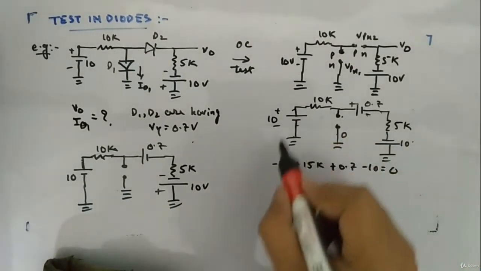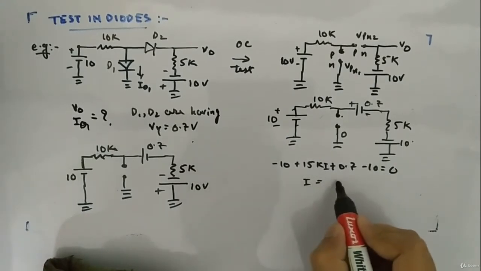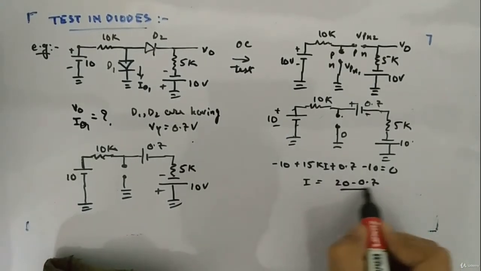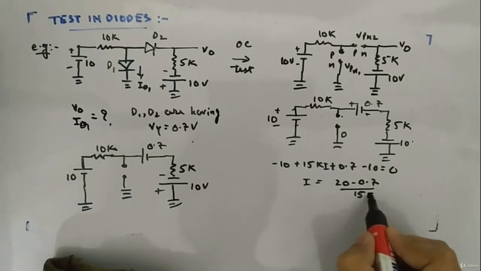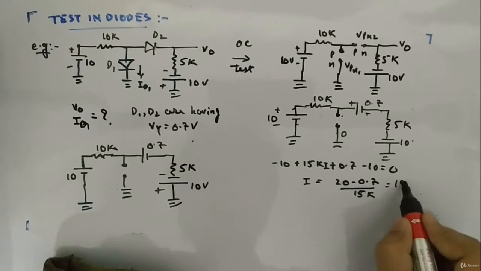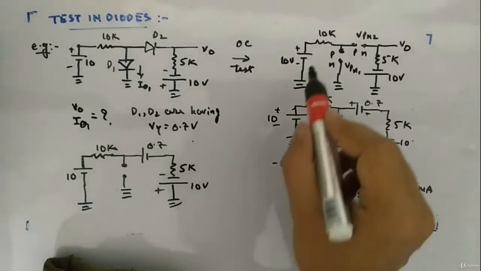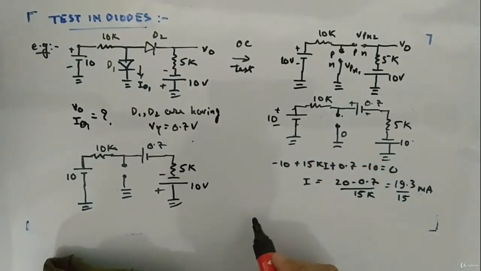The branch current I will be (20 minus 0.7) divided by 15k, or 19.3 divided by 15 milliampere. This will be the current flowing through this 10 kilo ohm resistor.